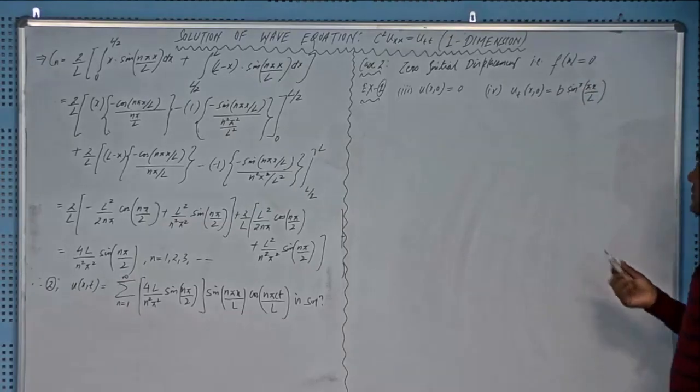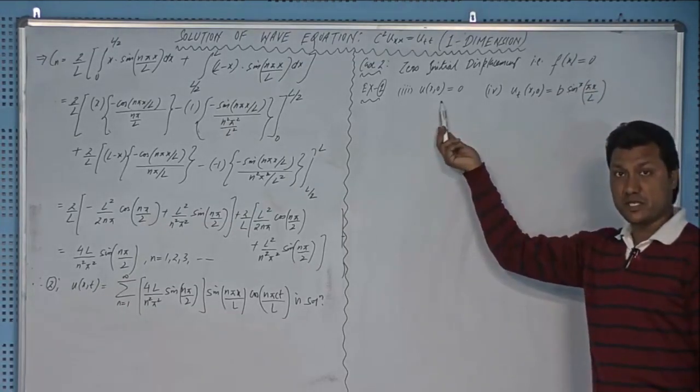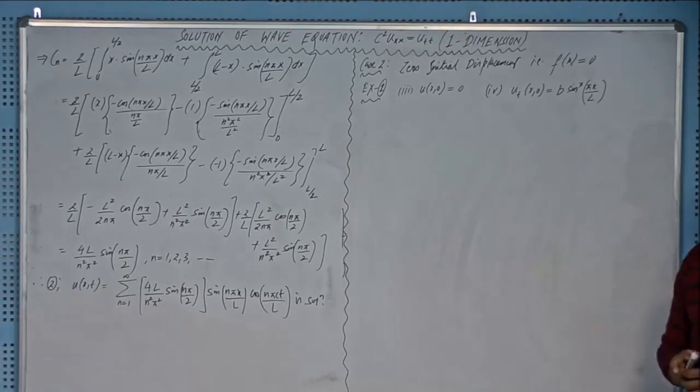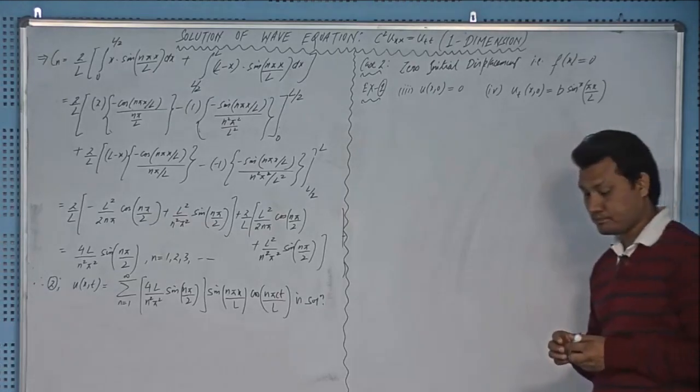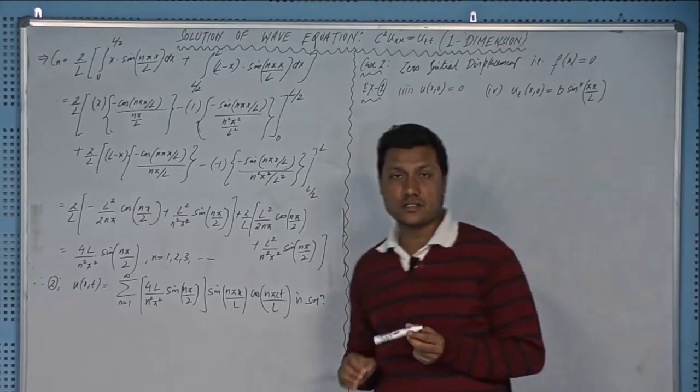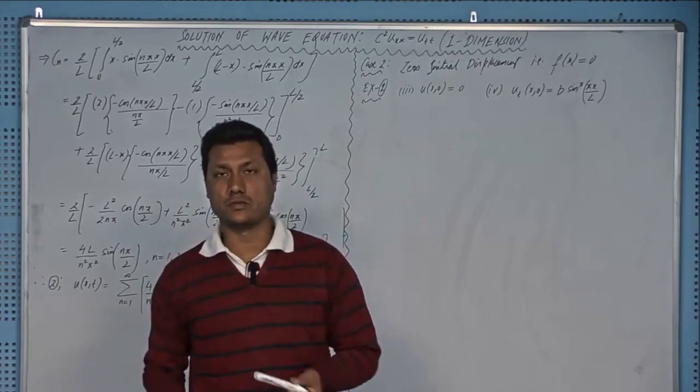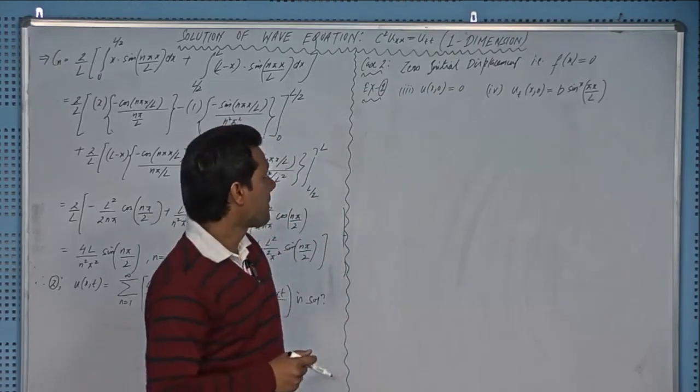So this time I have taken zero initial displacement opposite to case number 1 and some non-zero initial velocity. So vibrations will be started by flicking the string, not pulling it and releasing it, just flicking the string at one of its points, right? Okay.